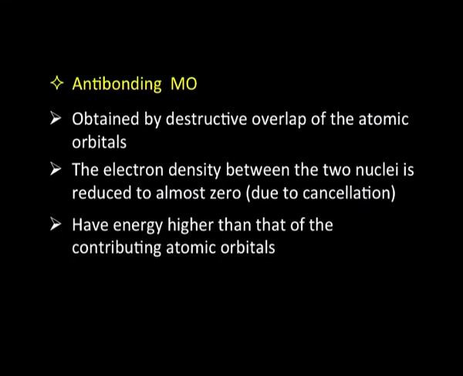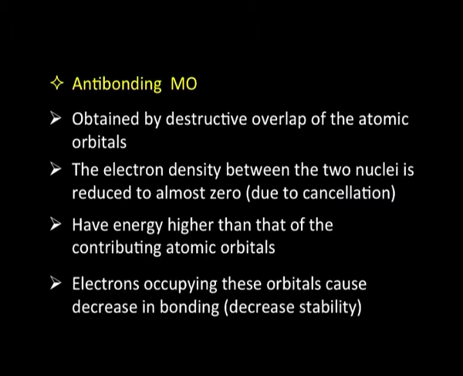The third observation is that, contrary to the bonding molecular orbital, in the anti-bonding molecular orbital the energy is more than that of the contributing atomic orbitals. And lastly, any electron which occupies an anti-bonding molecular orbital is going to decrease the bonding, or decrease the stability of the resulting molecule if it is formed. So, those are the two kinds of orbitals we have.